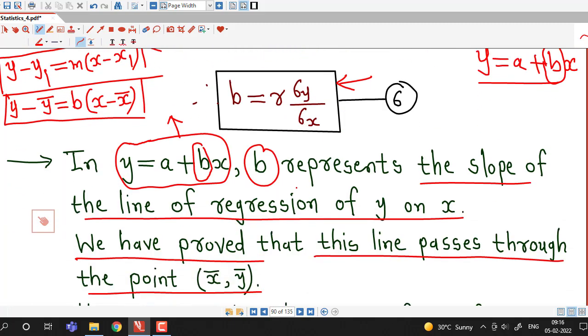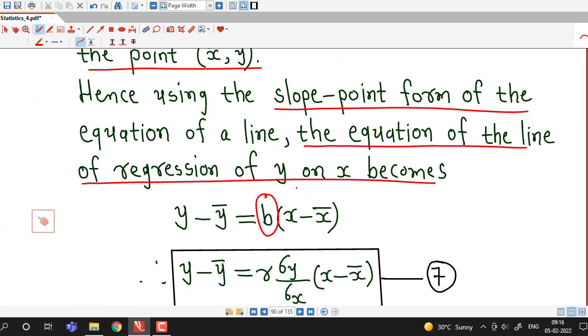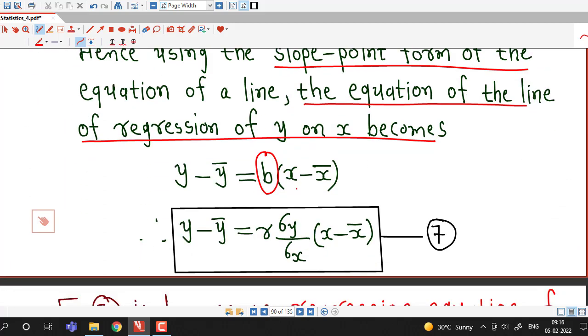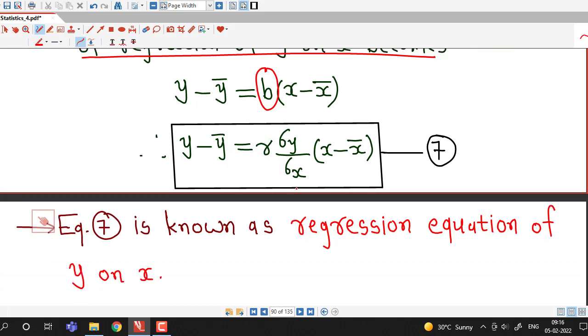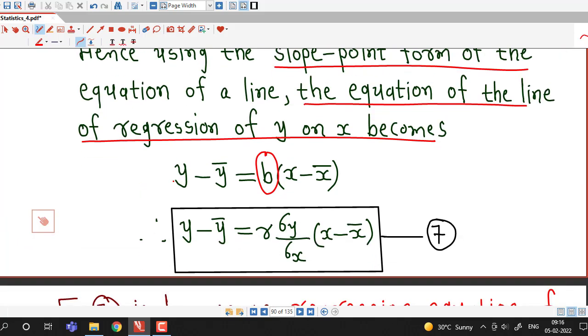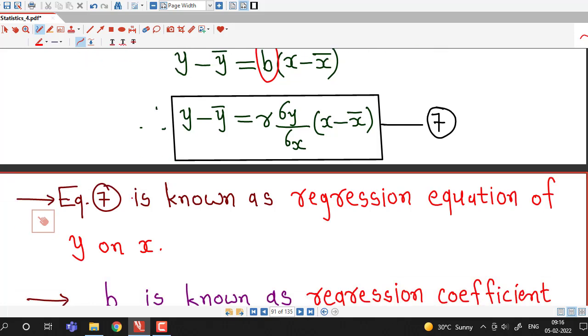So we have different methods to find out the line of regression of y on x. Depending upon the situation of the given problem, we will decide which formula we have to use. That we will discuss in upcoming lectures. We will discuss the problems of finding the regression line of y on x in upcoming lectures, and we will decide how to use appropriate formulas in different situations.